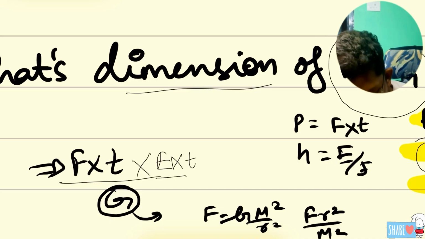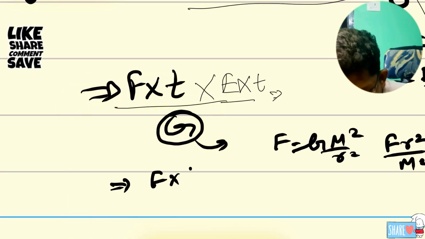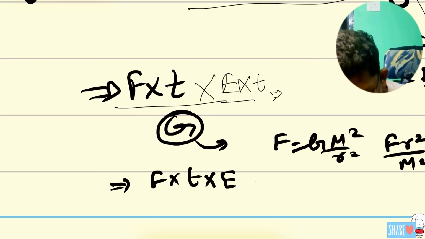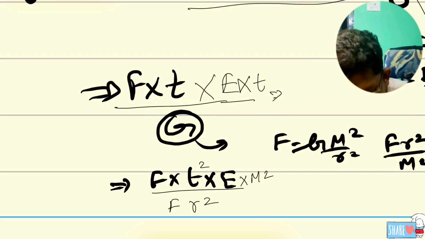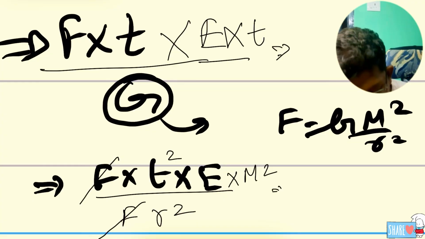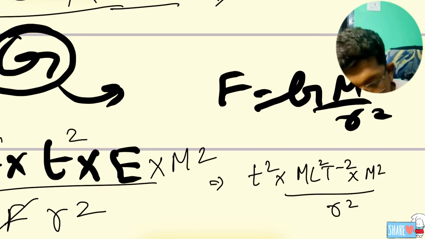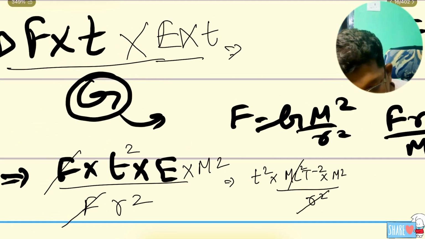Here Ft and Et give the T square, with F R square over M square, so F gets cancelled. Writing the energy dimension as M L T to the power minus 2 and cancelling R square and T square, the answer will be M cube.